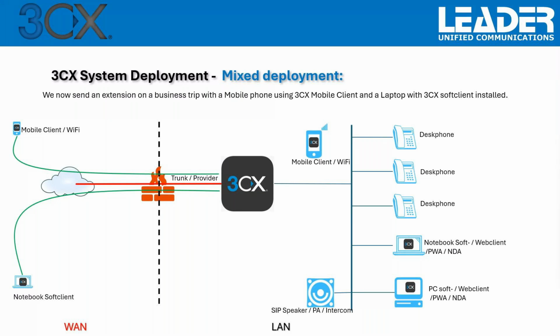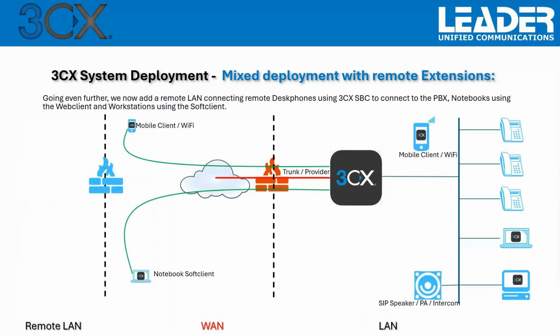Now we say, okay, the company is growing. The company is growing in that way that they have somewhere else. Let's say the right side is Melbourne. On the left side, we add, let's say, Sydney.